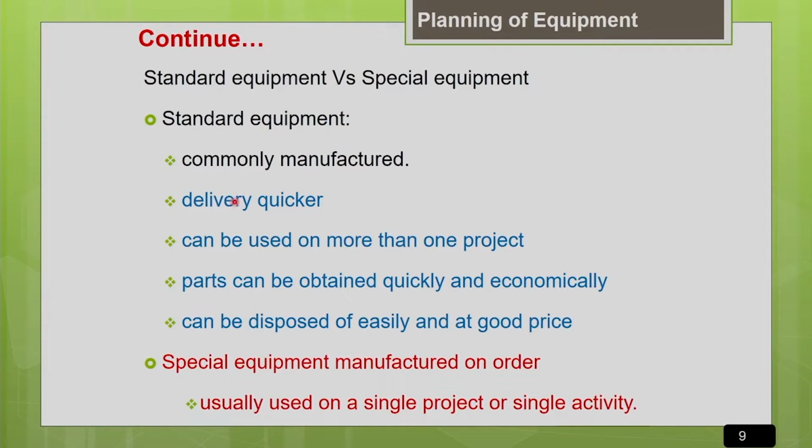Its delivery will also be much quicker. If your equipment breaks down for some reason, the spare part availability will also be quicker. Another advantage is it can be used on more than one project. So your project will not get delayed due to the non-availability of this machine or its spare parts, because these are commonly and easily available.